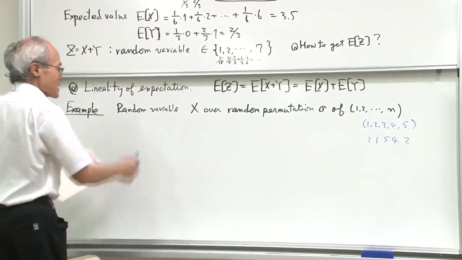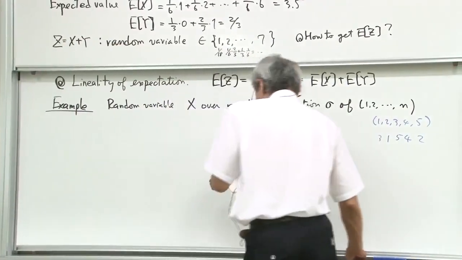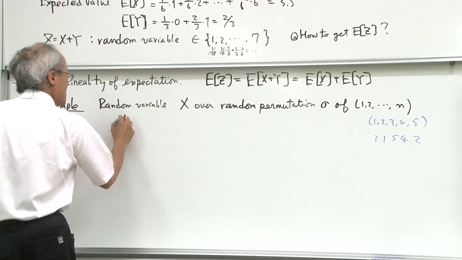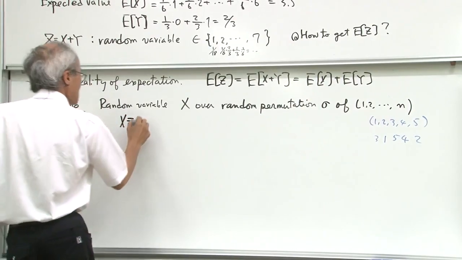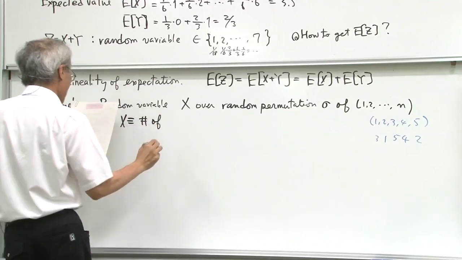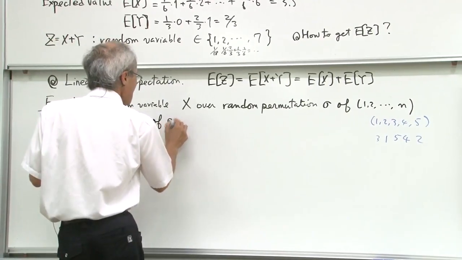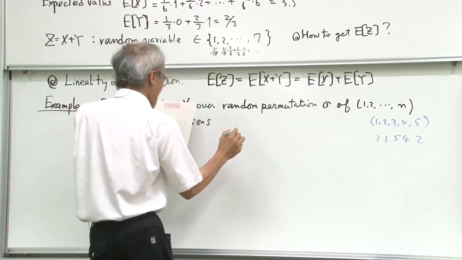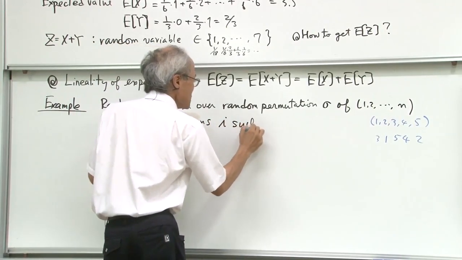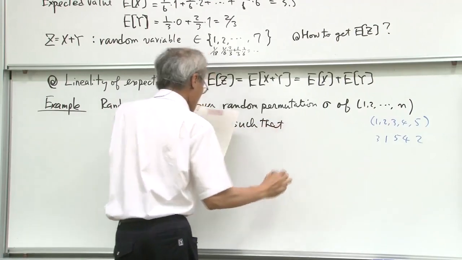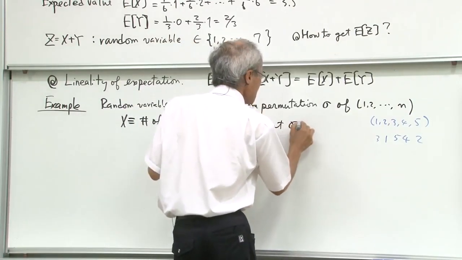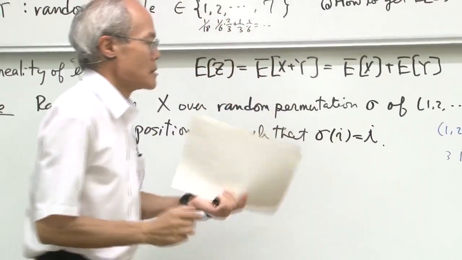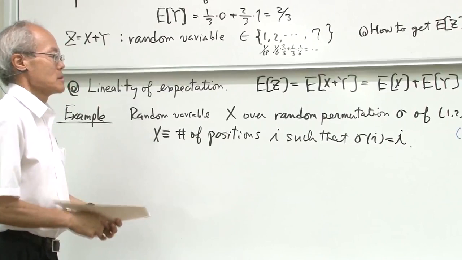So what is this x? This x is the number of positions i such that sigma i is equal to i.